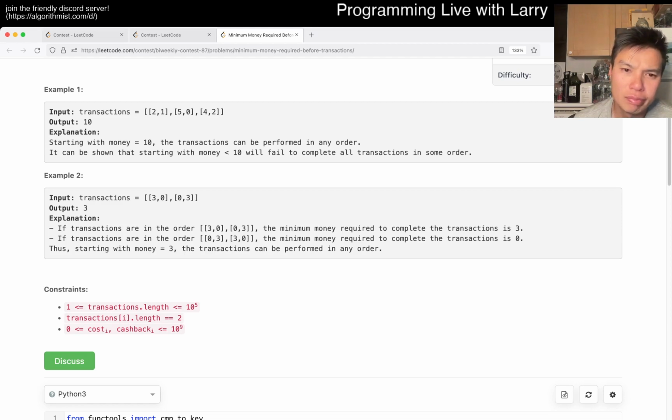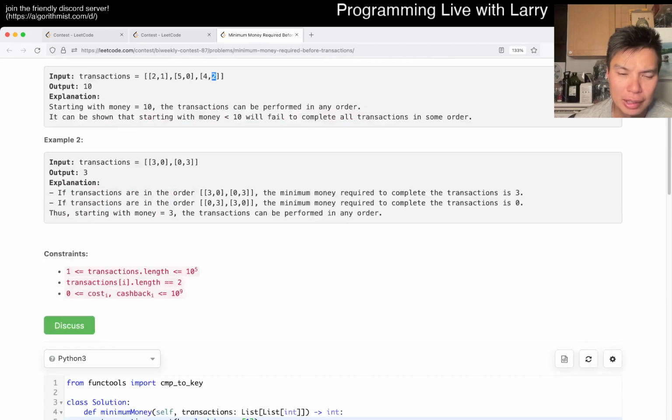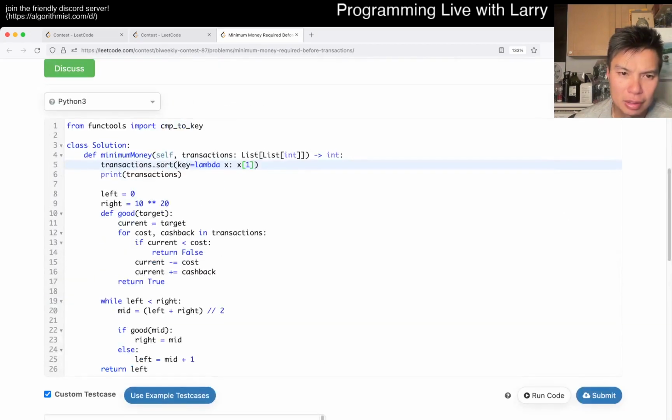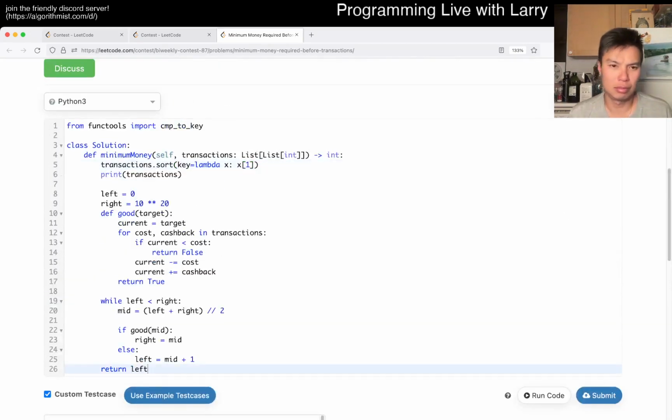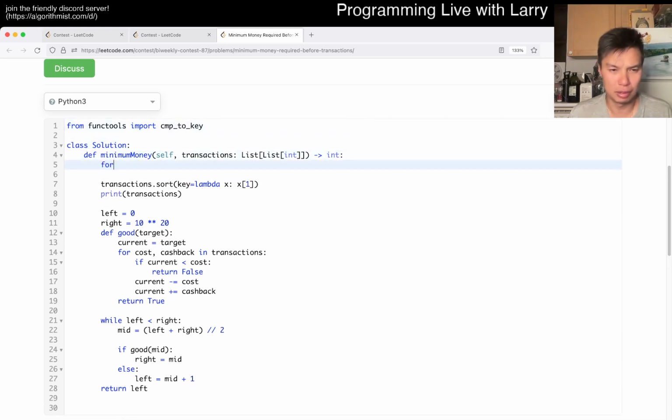Oh, is it something silly like only one number doesn't, only one cashback doesn't matter? If that's the case, that'll be very sad.